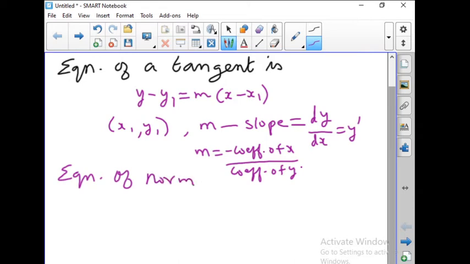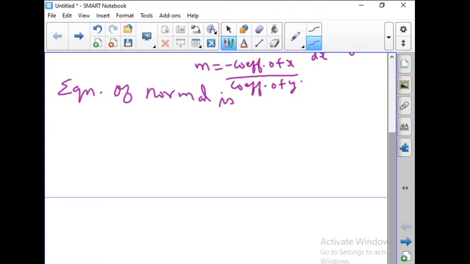We know that the normal is perpendicular to the tangent. Therefore, y minus y1 is equal to minus 1 by m into x minus x1, where m is the slope. So the perpendicular slope is minus 1 by m. Okay, so you should remember this.